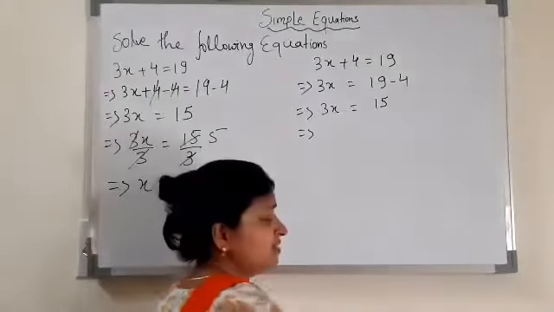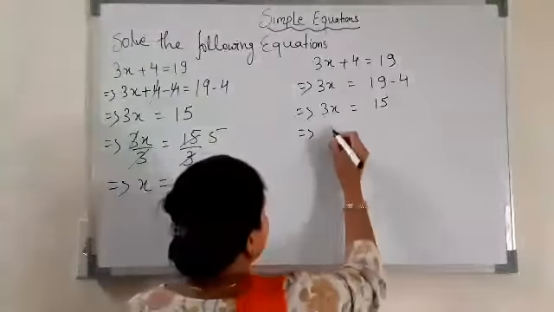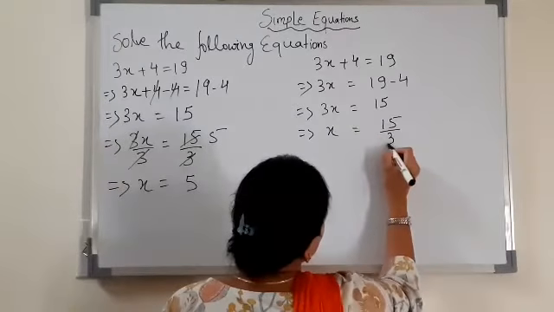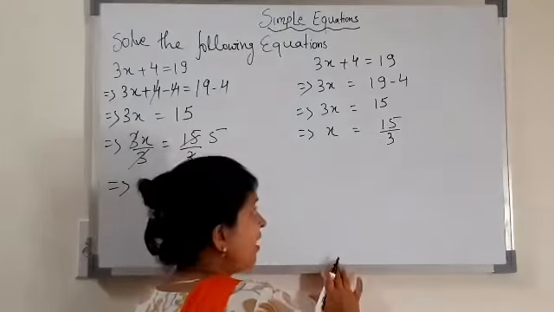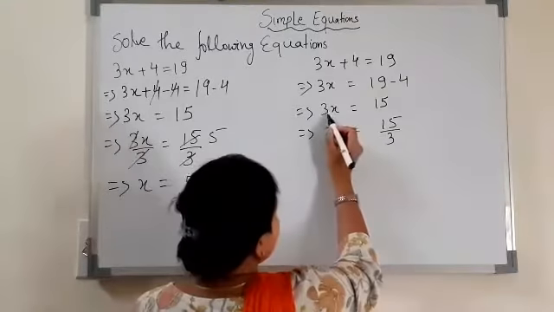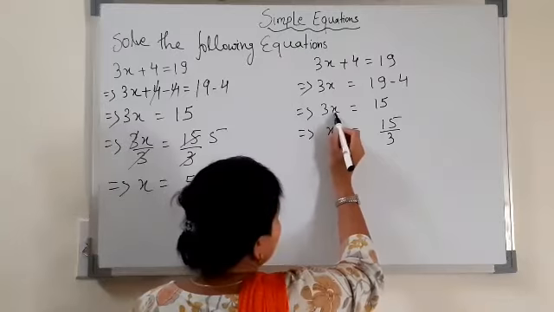Still you can see that x has not separated yet. So now the next step will be x is equal to 15 upon 3. Now how has it happened? Again I have changed the side of the 3. Here the 3 is in multiplication form, 3 multiplied by x.